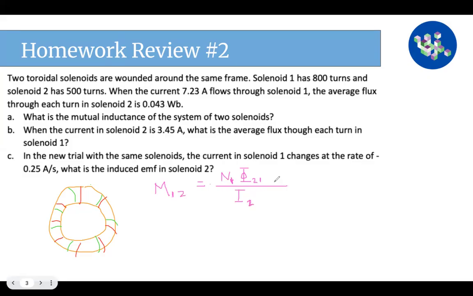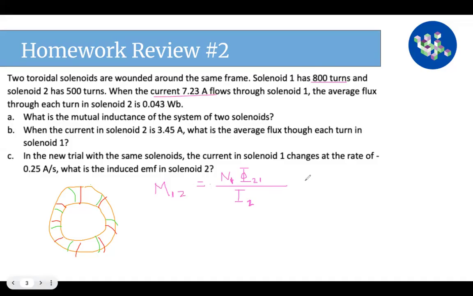So, what does this mean? We're given all the numbers here for the mutual inductance of the system. Solenoid one has 800 turns, and we're given solenoid one's current, 7.23 ampere.